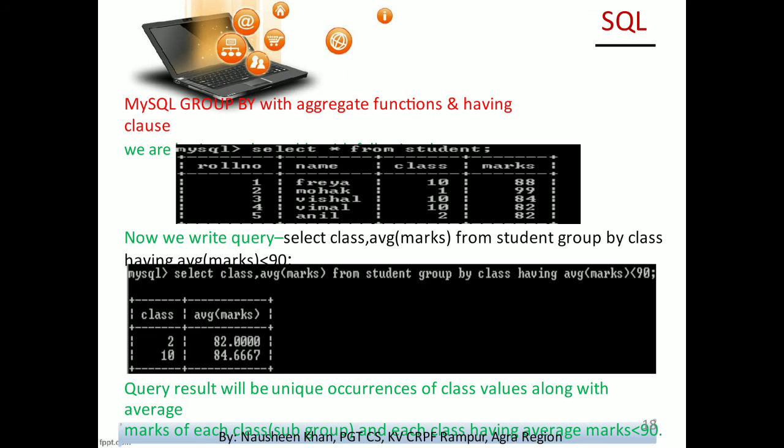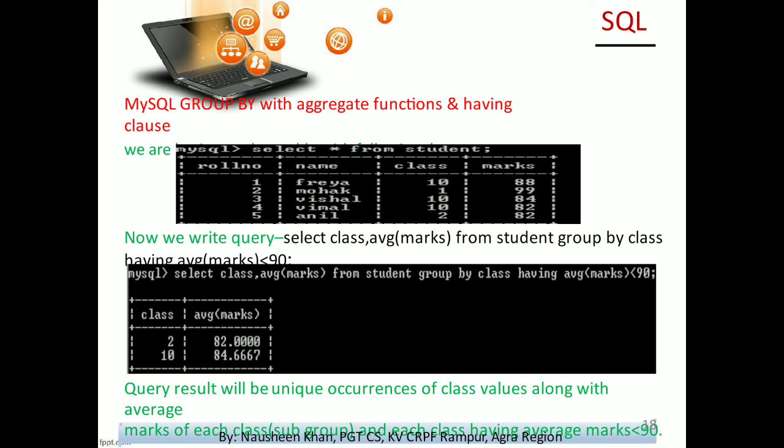Now let's see an example. We have the same table student. Now we will write the query: SELECT class, AVG(marks) FROM student GROUP BY class HAVING AVG(marks) < 90. It is doing the same thing as the WHERE clause was doing up till now.